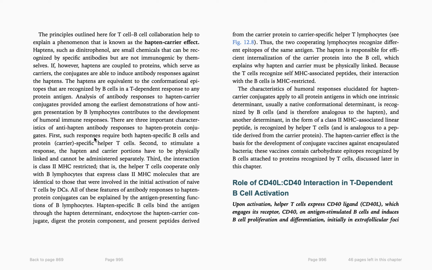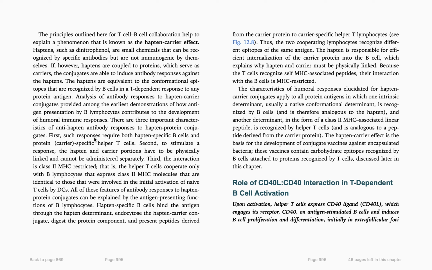Second, to stimulate a response, the hapten and carrier portions have to be physically linked and cannot be administered separately. Third, the interaction is class II MHC restricted, that is, the helper T cell cooperates only with B lymphocytes that express class II MHC molecules identical to those that were involved in the initial activation of naive T cells by the dendritic cell.